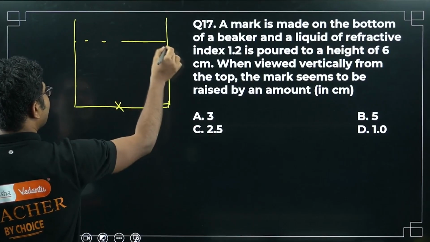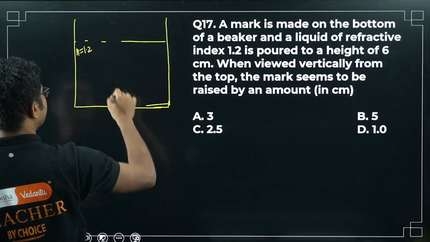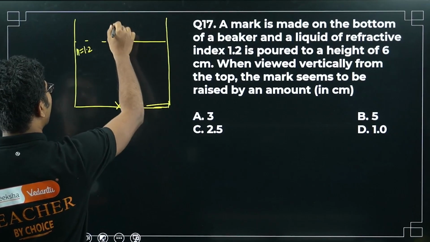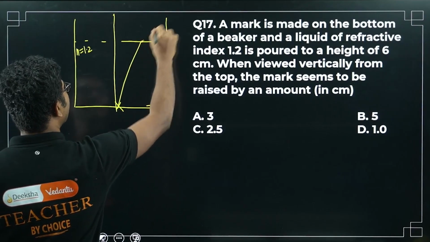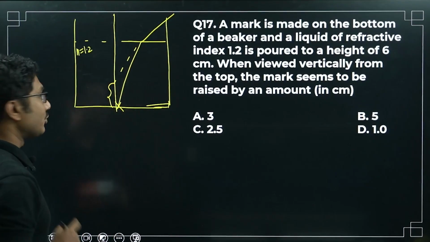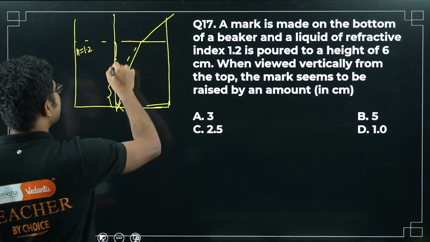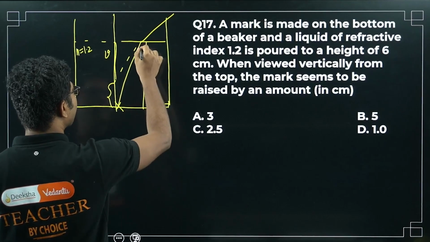Now when the refractive index of the liquid is 1.2 and you view it from above, you will not see the mark at this depth, but you will see it slightly raised. So how much has it been raised? First we will find this distance. This distance is v, and this is the original distance.